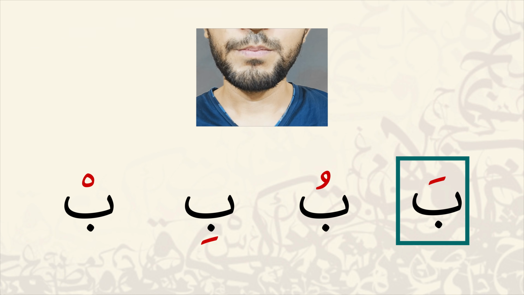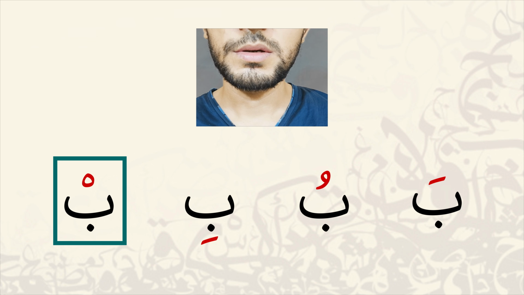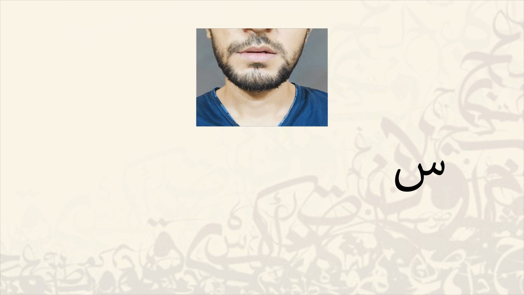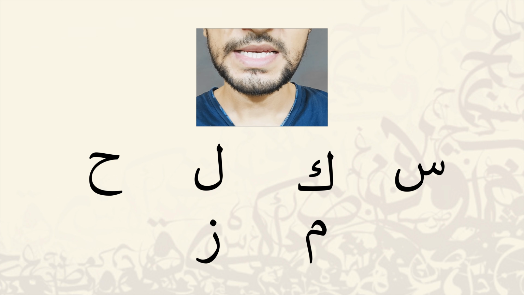Ba, bu, bi, b. And so will be any letter with sukun. Try first to read it with alif before and then read the consonant sound alone, like that. S, s, k, k, l, l, m, m, z, z, and so on.